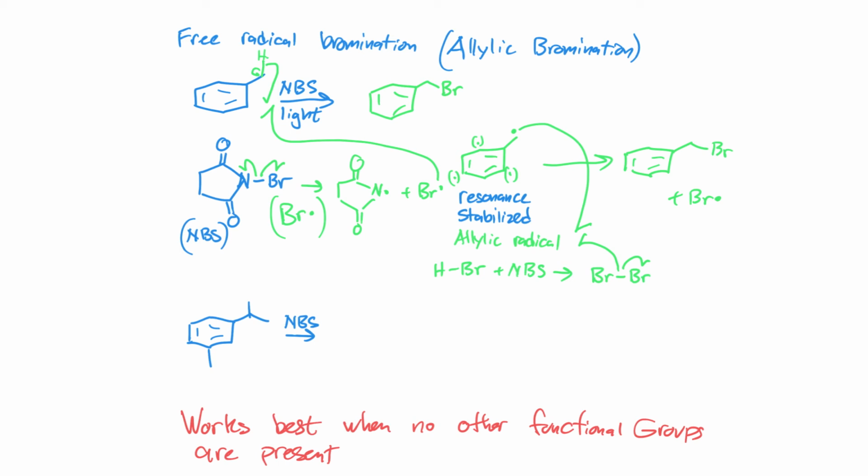So let's look at an example down here. Here we have two benzylic positions. And if we're very careful, we can probably put a bromine on this position because it comes from the more stable radical intermediate. So here we form the product, and that's because this intermediate here is more stable than this intermediate.